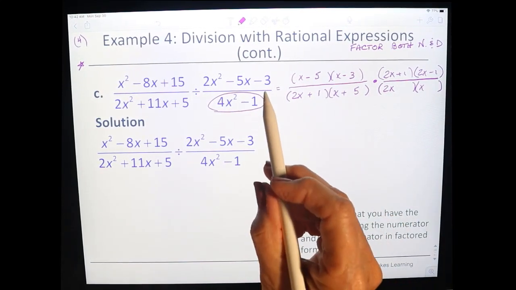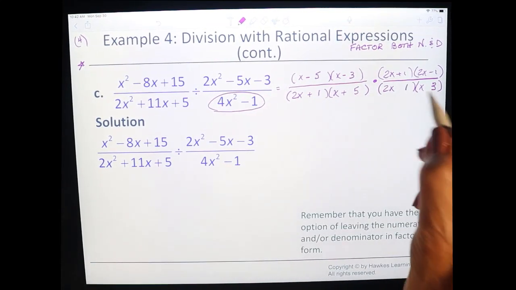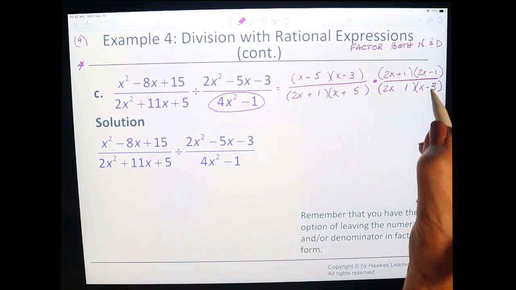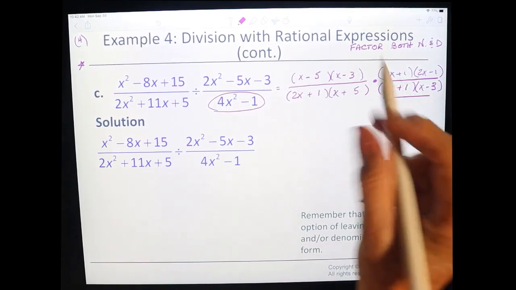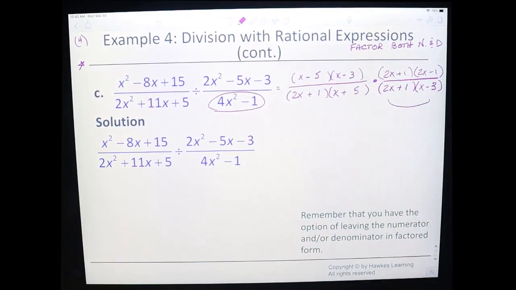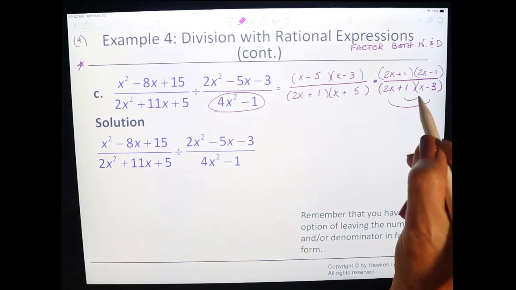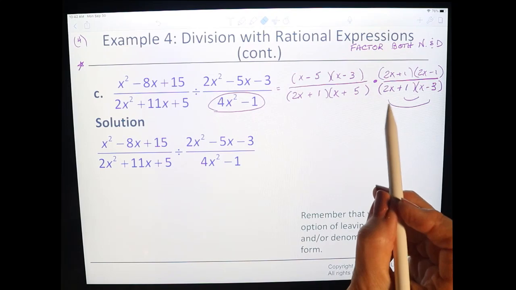So let me see. I need 2 numbers that will multiply to give me 3. And the products in here, let's see if that does it. There's a -6x on the outside. Whoops. Computer's smarter than I am. A -6x on the outside and a +1x on the inside. So that gives me this -5x I was looking for.